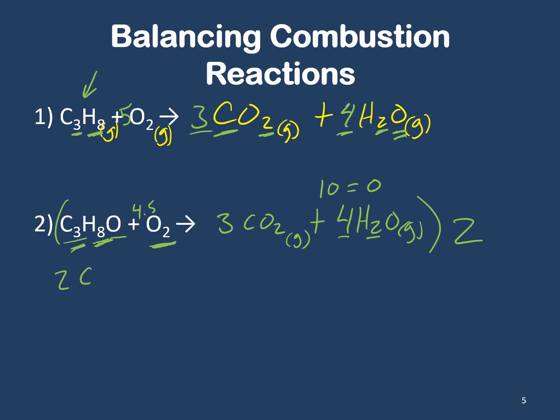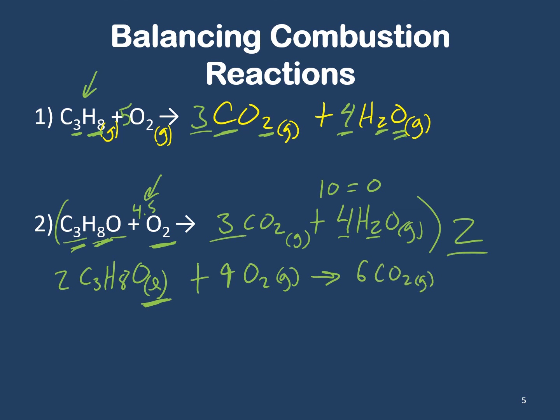This means that I have 2C3H8O, probably going to be a liquid, but again, I don't need you to know this guy's physical state. I would provide that. Plus 9O2 gas, because 2 times 4.5 is 9. This goes to 6 times CO2 gas, again, 2 times 3 is 6, plus 8 times H2O gas.